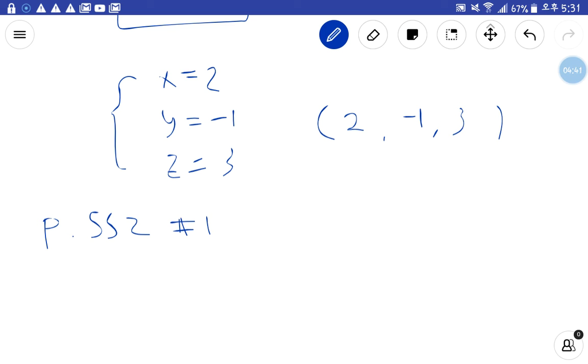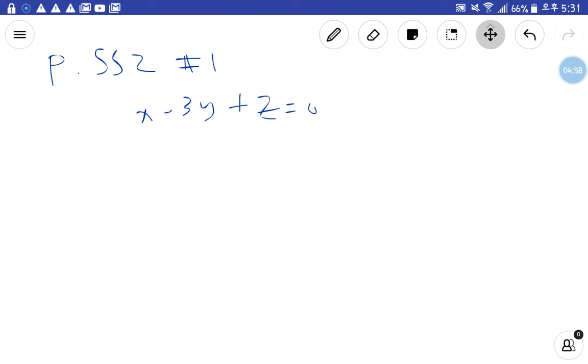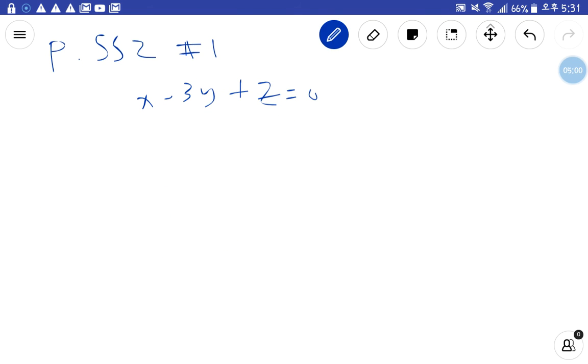Okay, that one I don't have to read. In exercises number 1 and 2, use substitution to solve the system of equations. Both of them are in triangular form. My question: x minus 3y plus z equals 0, 2y plus 3z equals 1, z equals negative 2.